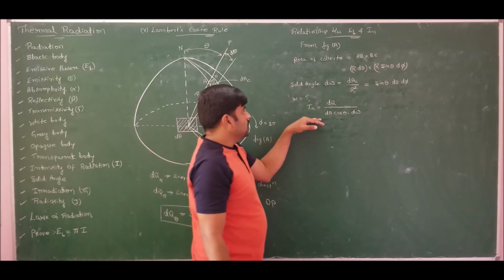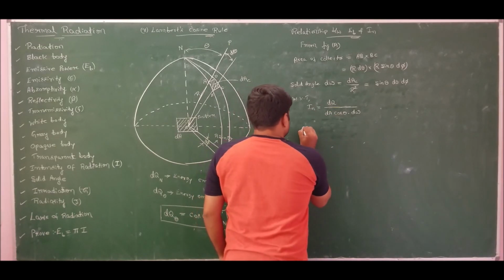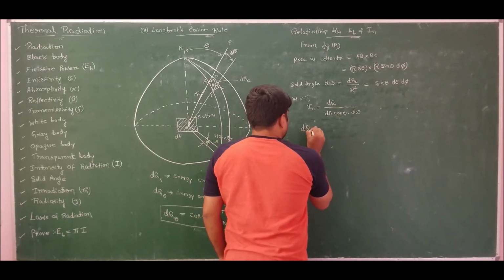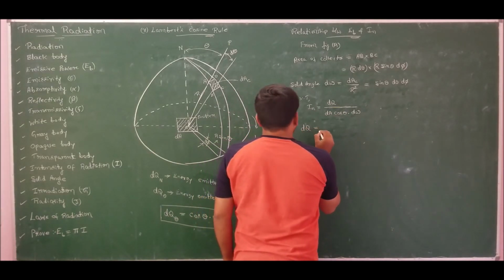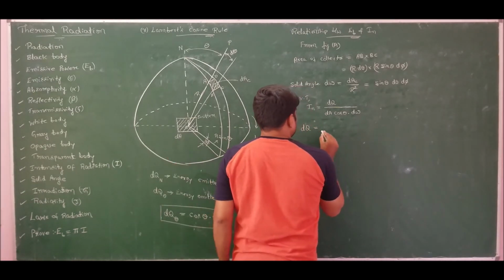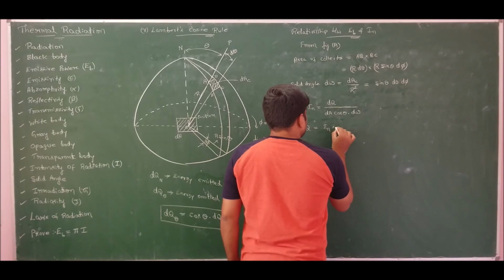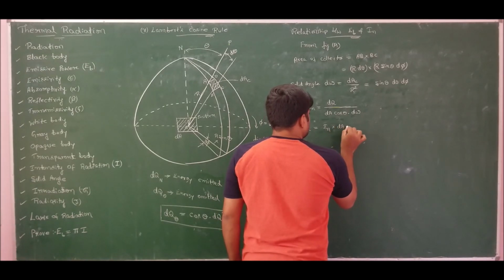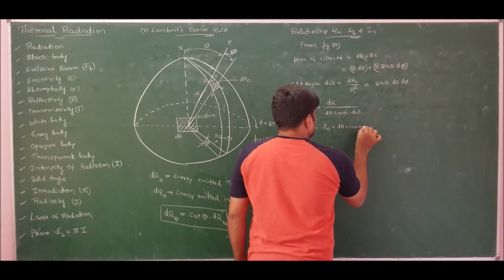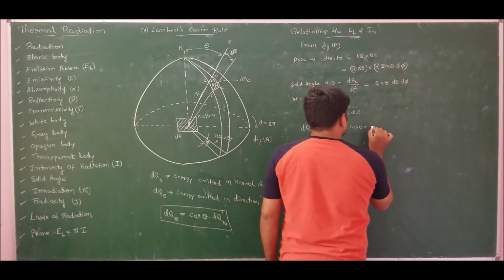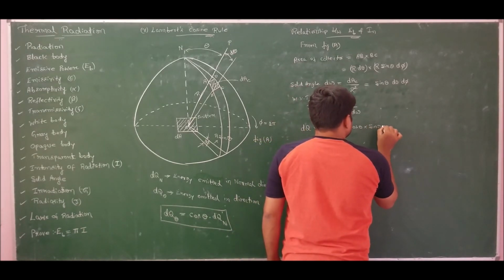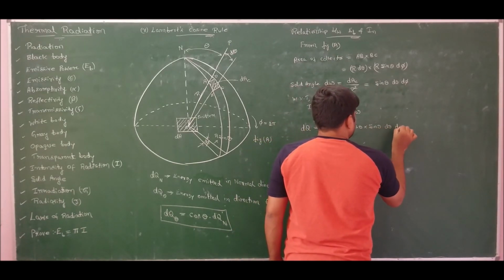So dq, the amount of energy emitted from the surface dA, will become intensity of radiation into area dA into cos theta into d omega, which is sin theta d theta d phi.